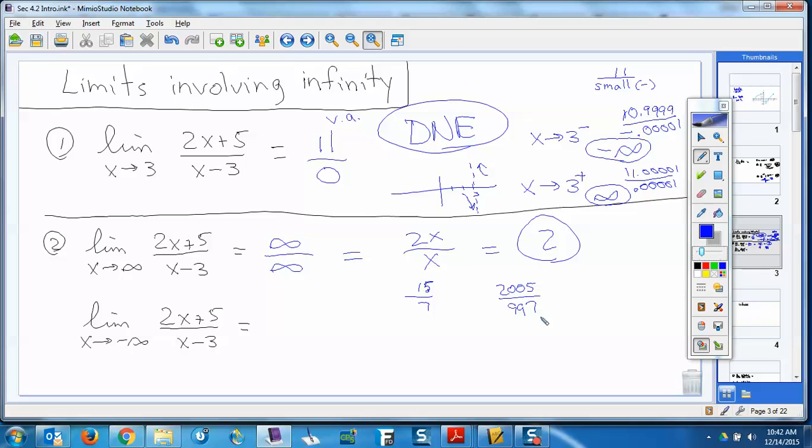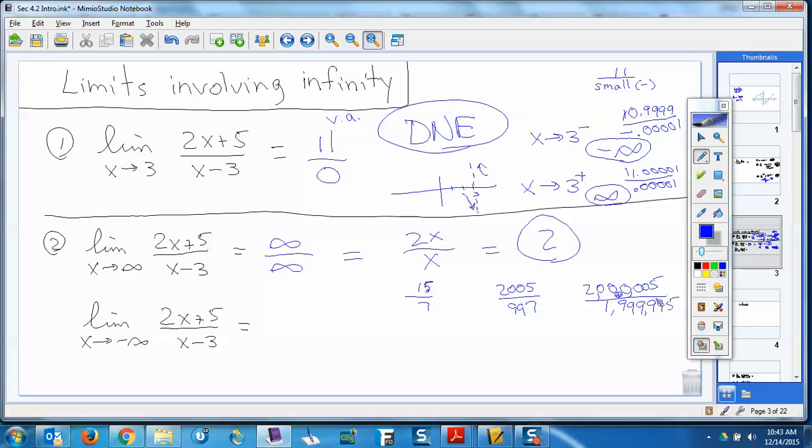And that was just x being 1,000. So if x was 1,000,000, we get 2,000,005 divided by 1,999,995.